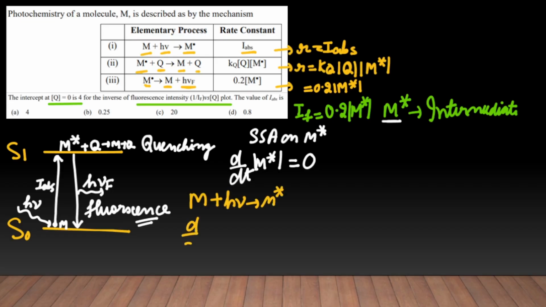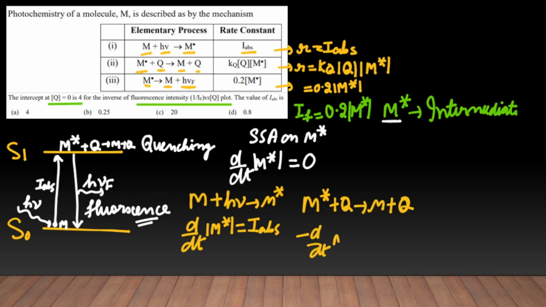So d by dt of this M star will be equal to I observed, right? In the next process, M star plus q gives us M plus q. For this, minus d by dt of the M star will be equal to kq times q into the M star.